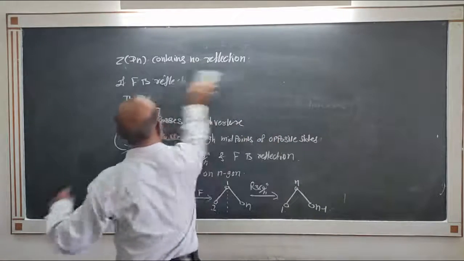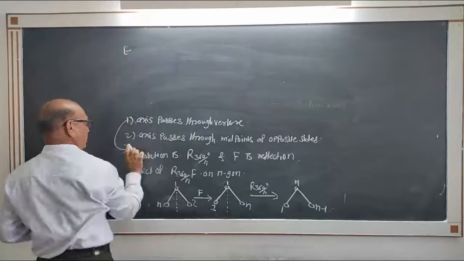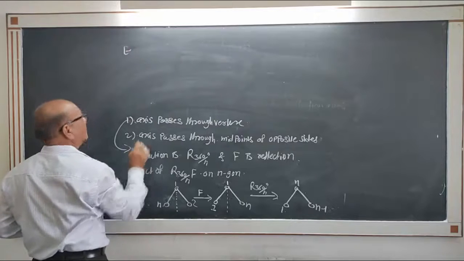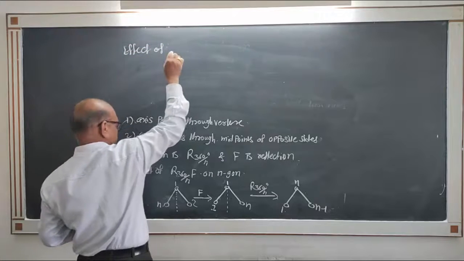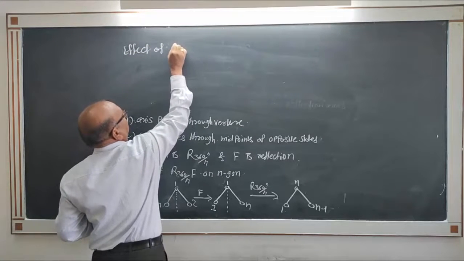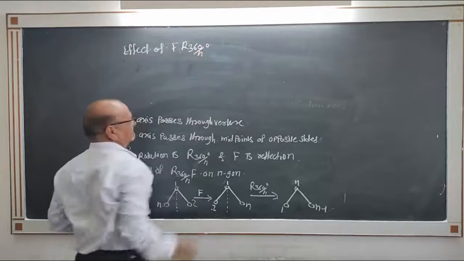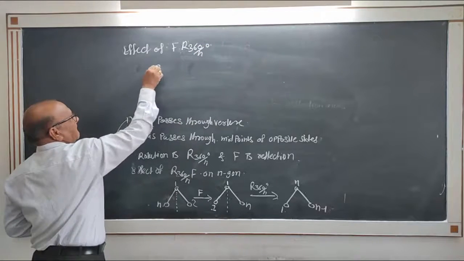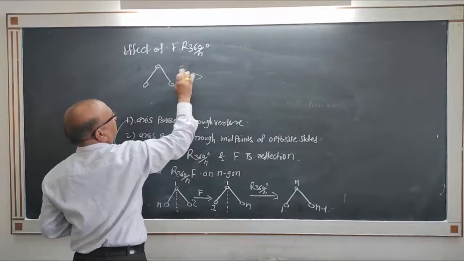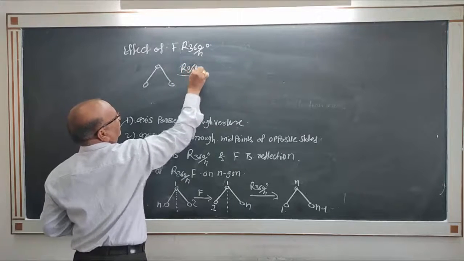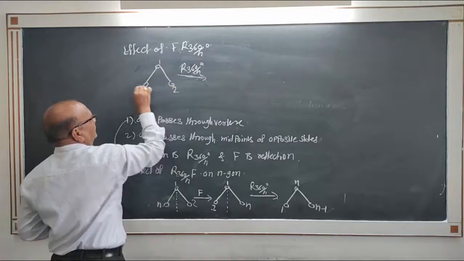Now the effect of F R 360 by n degree. Here first the rotation 360 by n degree on 1, 2, n.